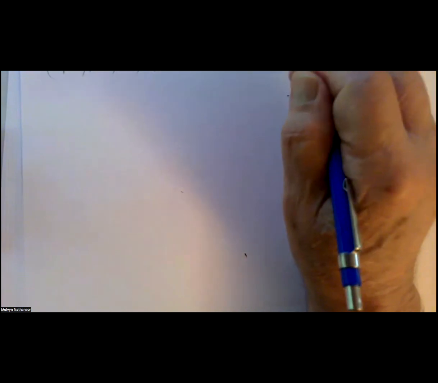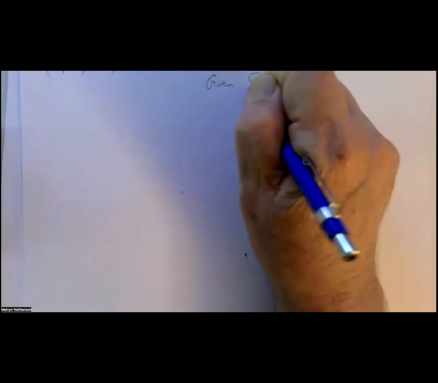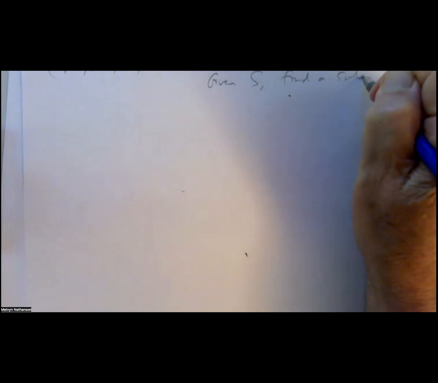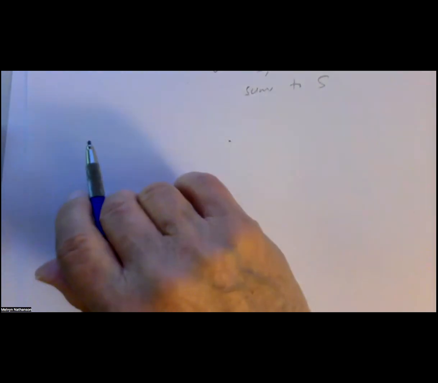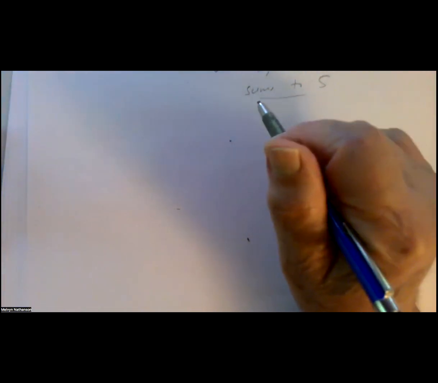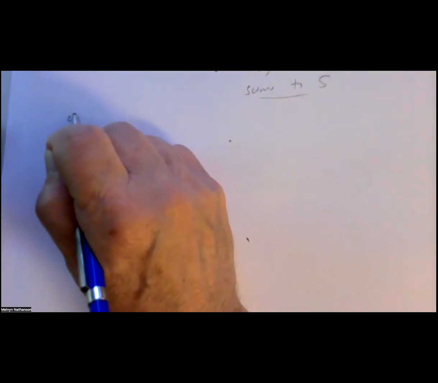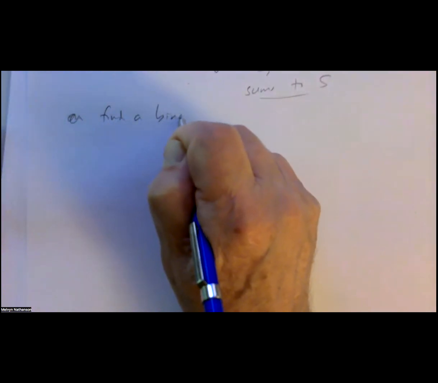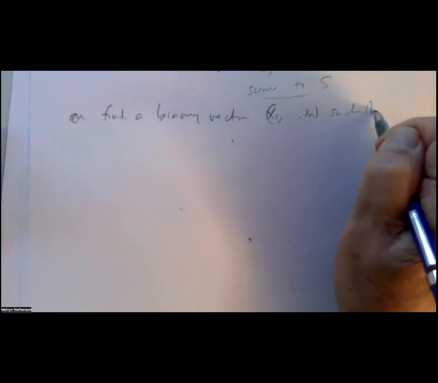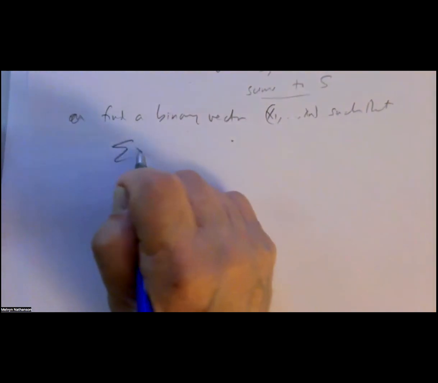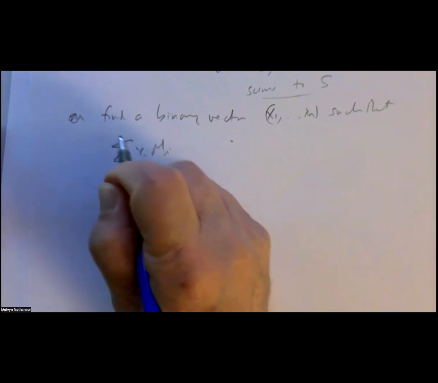The subset sum problem is, given a number S, find a subset that sums to S. Or equivalently, find a binary vector x1 up to xn such that the summation of xi mi, i goes from 1 to n, is equal to S.